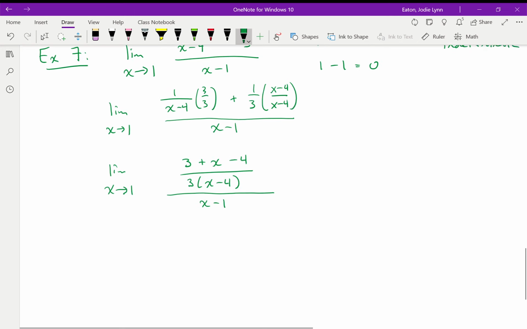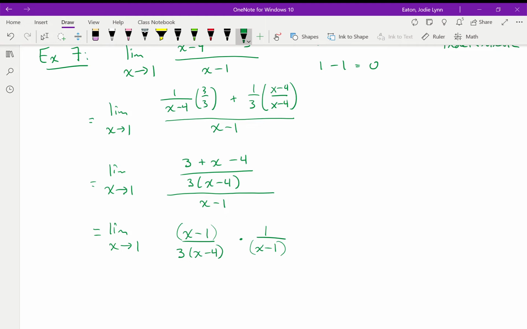Okay, so let's simplify and then rewrite this as multiplication. Notice I still have all my limits. So this is still the limit as x approaches 1 of x minus 1 over 3 times x minus 4 divided by x minus 1, which is the same as times 1 over x minus 1. And I notice I have the same thing here in the numerator and denominator, so I can cancel.